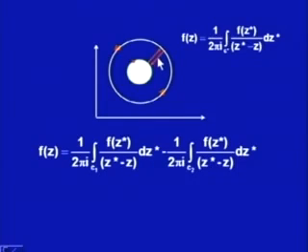So we will have only 2 integrals, one along this outer curve in anti-clockwise direction and another along this inner circle in clockwise direction, and because of this we will have a negative sign here. The positive direction is taken as anti-clockwise and the negative direction is taken as clockwise. So we represent f of z in these 2 integrals, and accordingly we write f of z as the sum of these 2 integrals I1 plus I2.